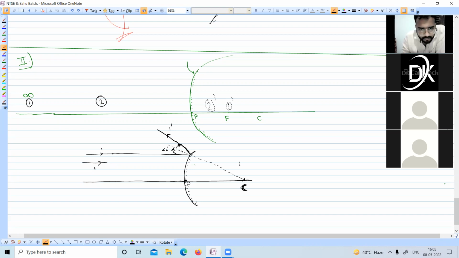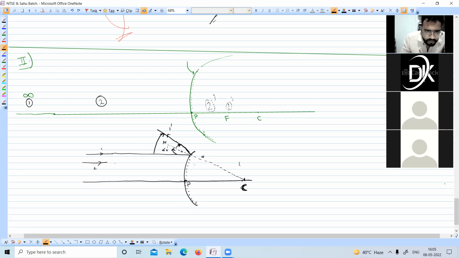Now I will not draw this normal. I will directly draw the path traced. This is more diverged. Yes or no? The angle made by the incident ray and the reflected ray, that total angle, is actually the angle of divergence of the ray.